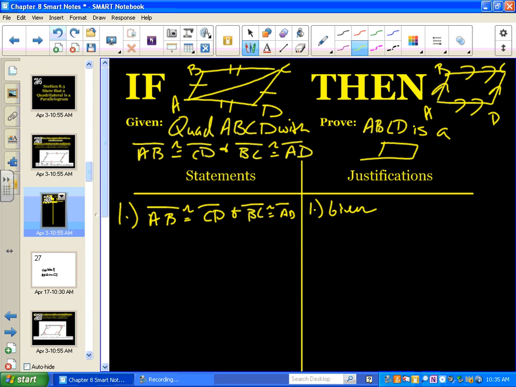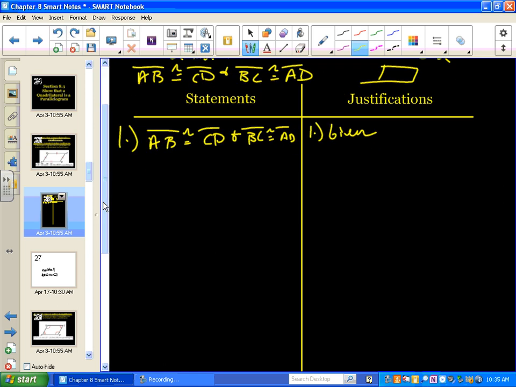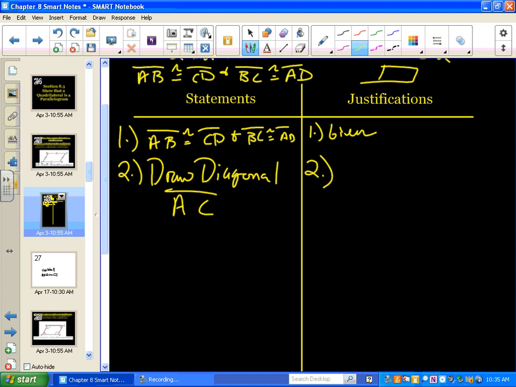Now, what type of line is AC? This is a definition I gave you earlier in the chapter. Keegan. Diagonal. Yes, very good. So we're going to draw a diagonal AC. And what's the justification for that? Yes, Keegan. Extra line.